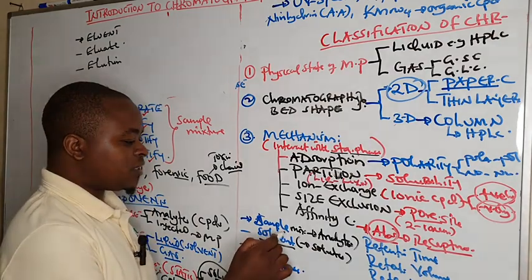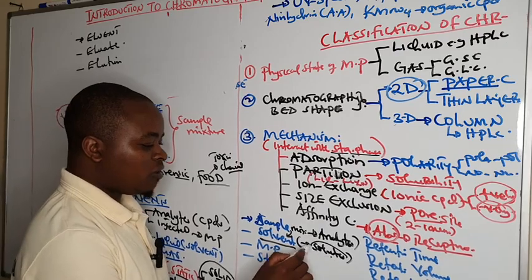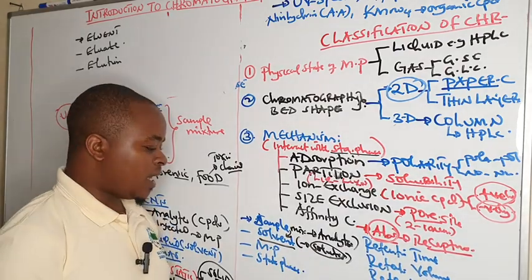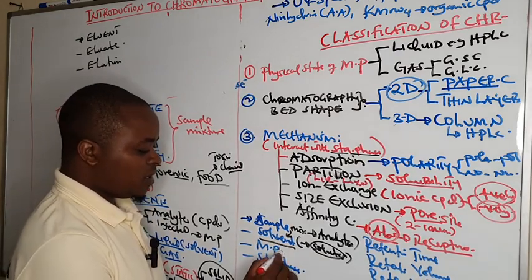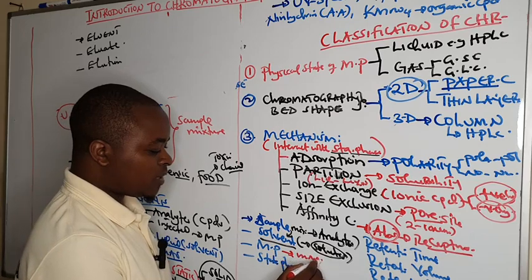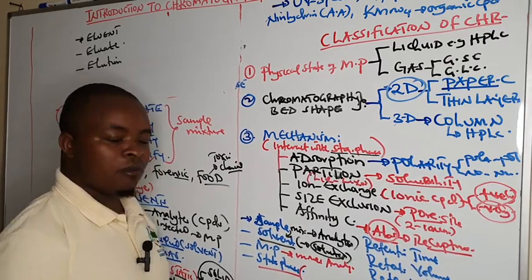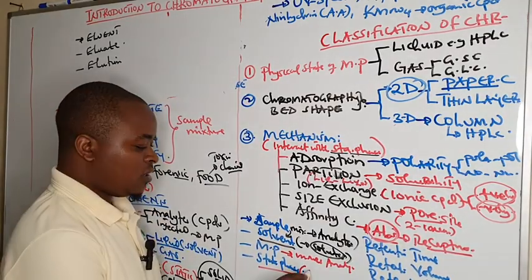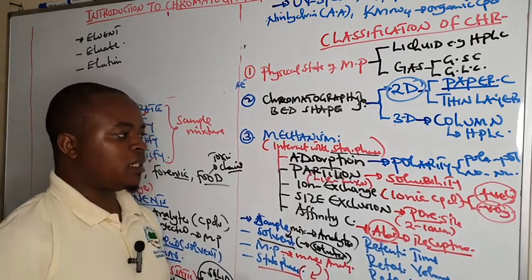So if we have the sample, we put it in the mobile phase, which is a liquid, to dissolve the solutes. Whereas the mobile phase, we said it can be a liquid or a gas, which moves or transports the analytes.